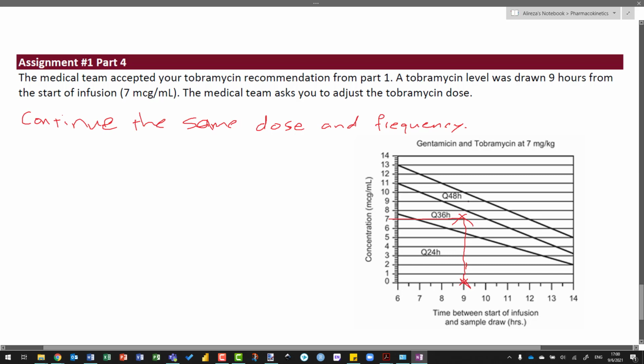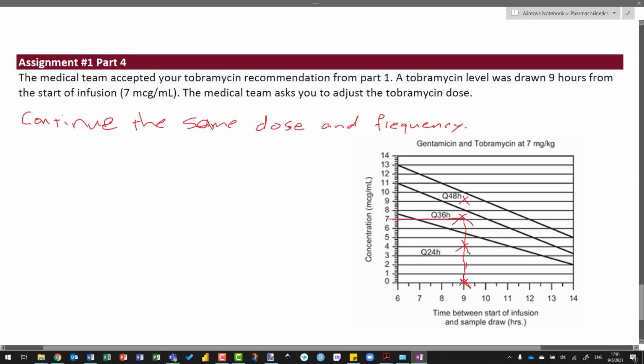Now if this happened to be lower or higher, then you would have to adjust. If it's higher, that means the body is not clearing it. So if it was 9 instead of 7, you keep the dose the same and extend the frequency to every 48 hours.